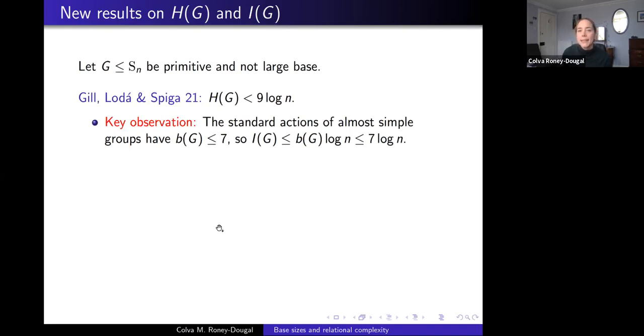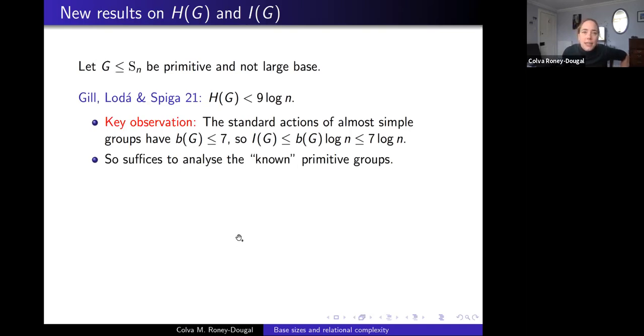So that meant that Bianca didn't have to deal with the non-standard actions of the almost simple groups. She only had to deal with the ones where we know what the actions are. And so she was able to go through the O'Nan-Scott theorem, lovely thesis, and do all of that. So it suffices to analyze the known primitive groups.